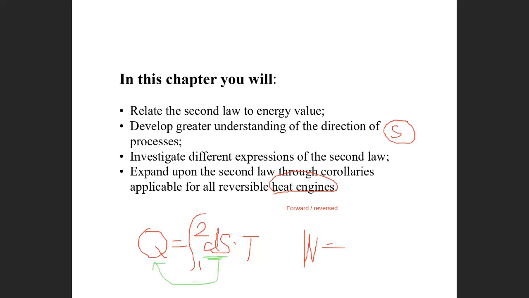Then what about work? For work, we can see it's due to the change of volume. The change of volume will cause work input or work output. If the change of volume is 0, then the work input or work output will also be 0.